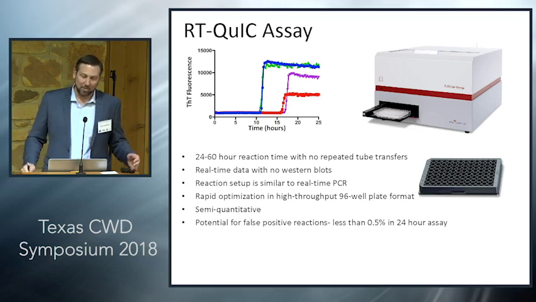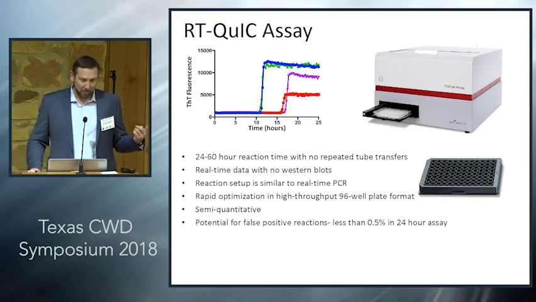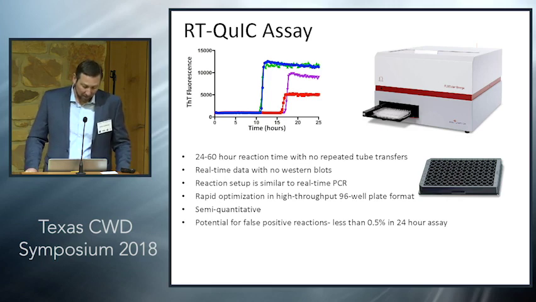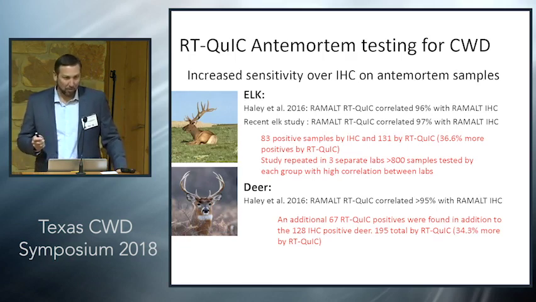This isn't something that happens in every single well in a test. It typically is at a specific rate. So if you test 4 replicates, the chance of one of those replicates being positive is about 1 or 2%. Retesting could sort out those differences, because that's a spontaneous process. It's also semi-quantitative and, as I said, performed in 96-well plates.